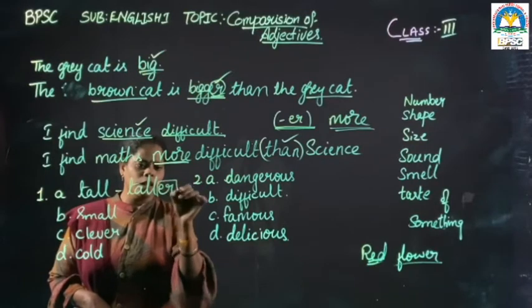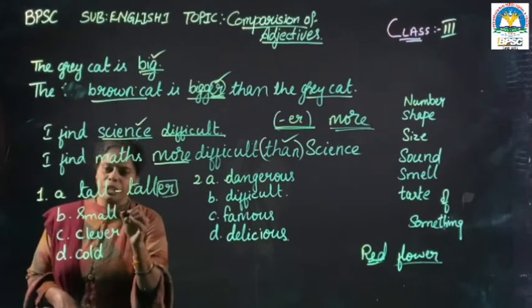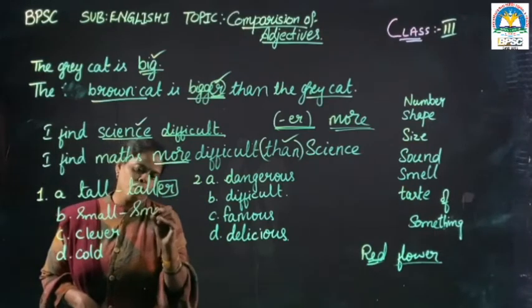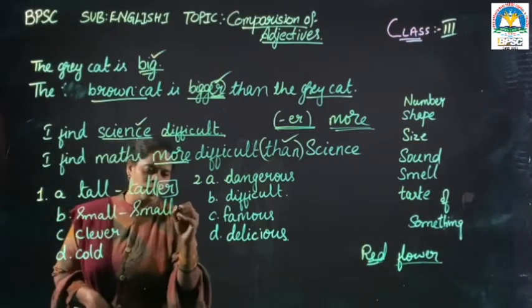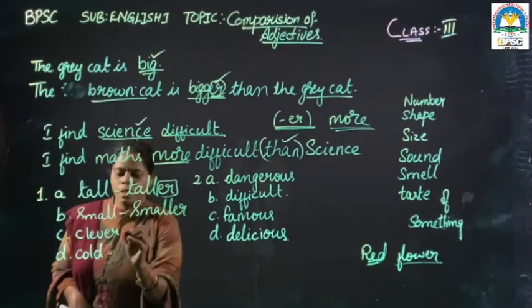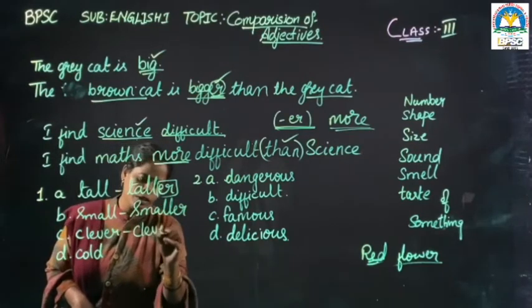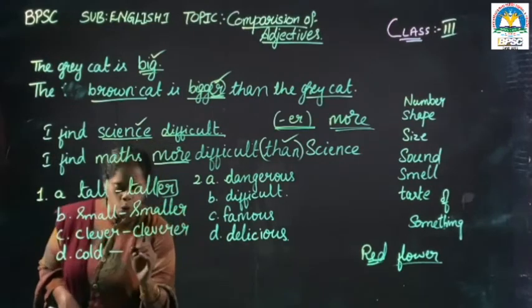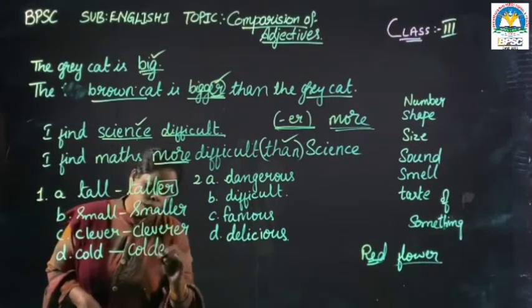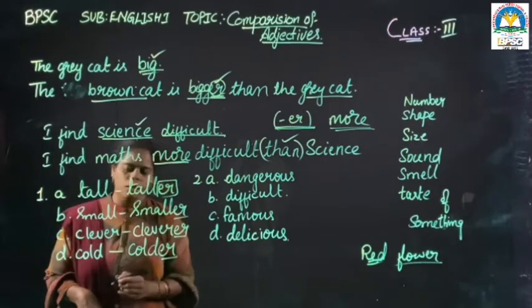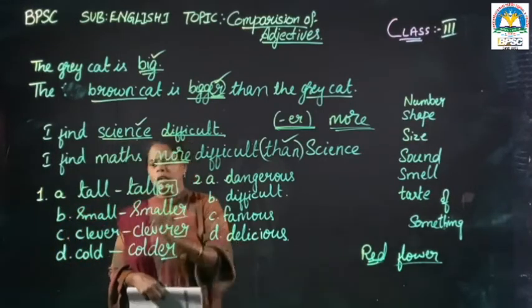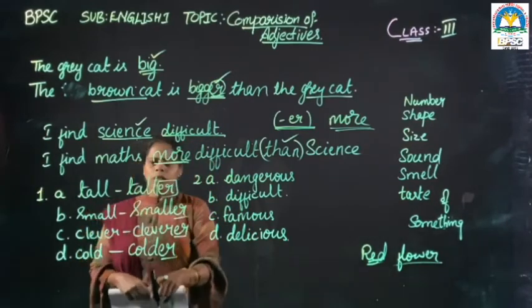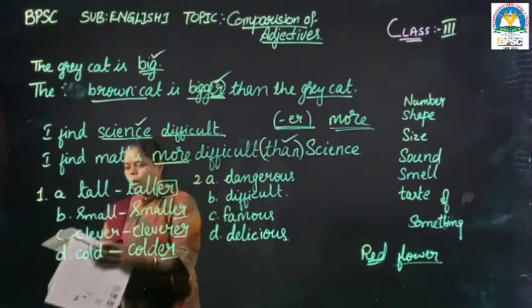You are adding er for the adjectives when you compare two things. Small, smaller. Okay. Clever, cleverer. Cold, colder. So the remaining, E to H, is homework.